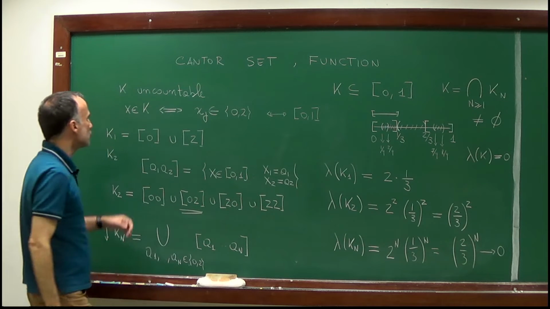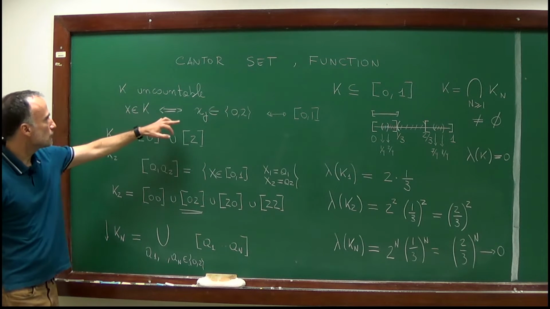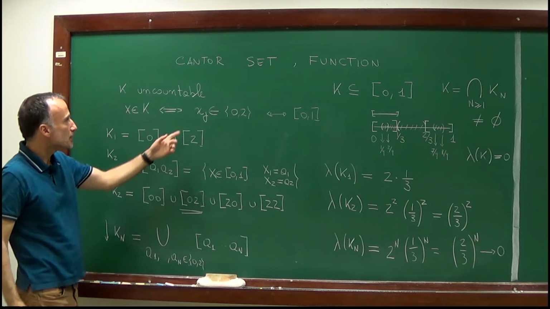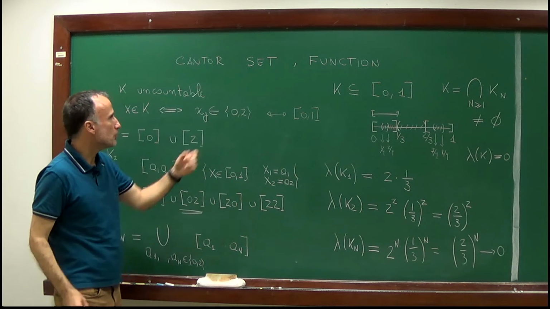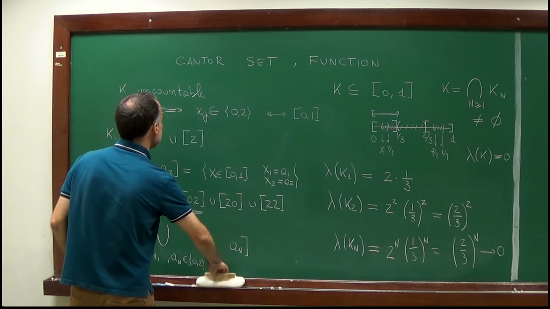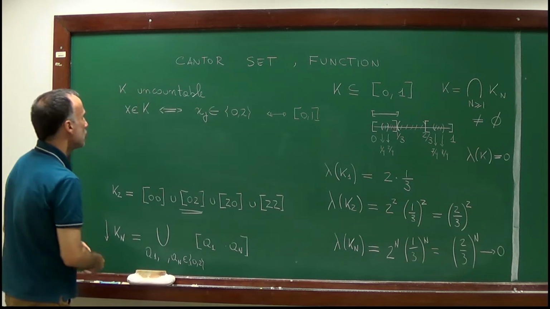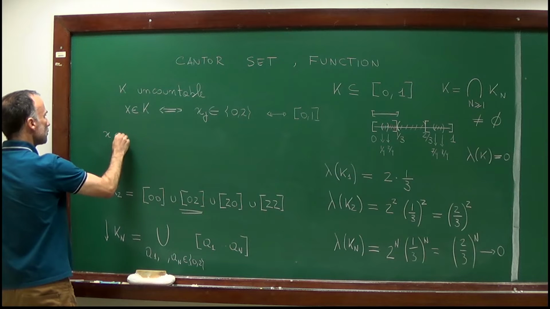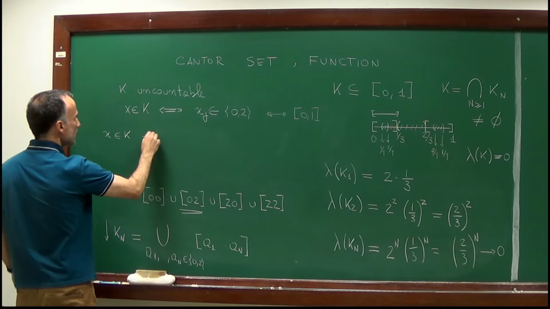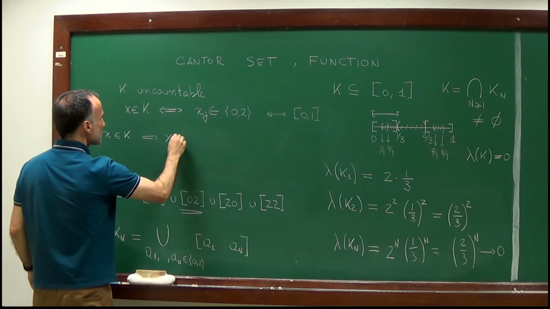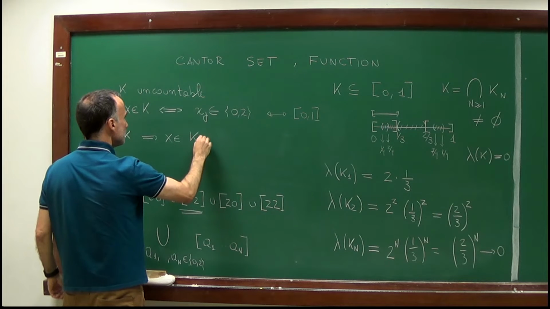So let me first prove that a point x belongs to K if and only if it admits a representation which uses only the digits 0 and 2. So let's assume that x belongs to K. Well, if x belongs to K, then x belongs to Kn.